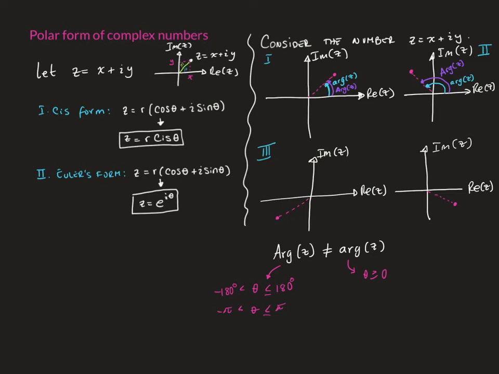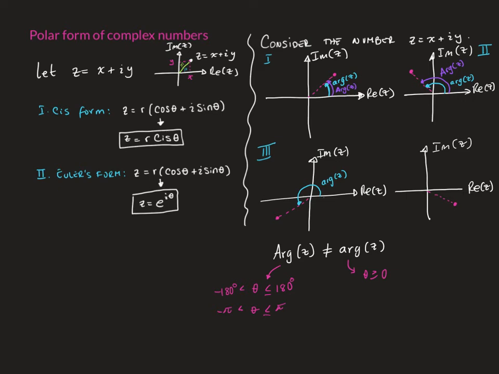In the third quadrant, the argument, as we have been using it, starts from the positive axis and goes counterclockwise to the position of the point. And this will give us the argument of z. However, the principal argument is going to take always the shorter route.